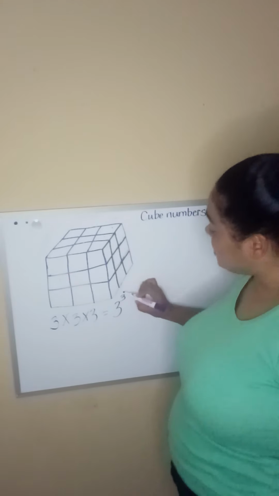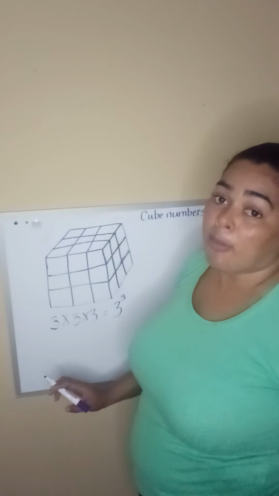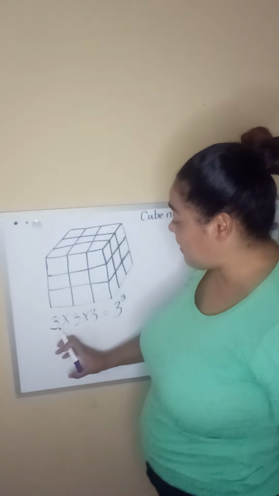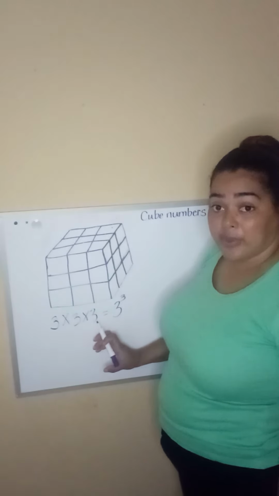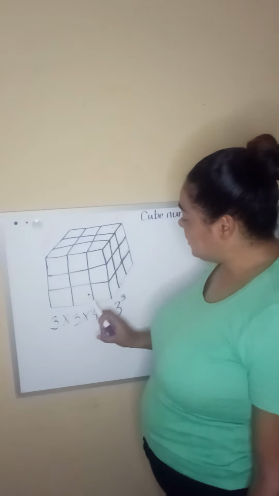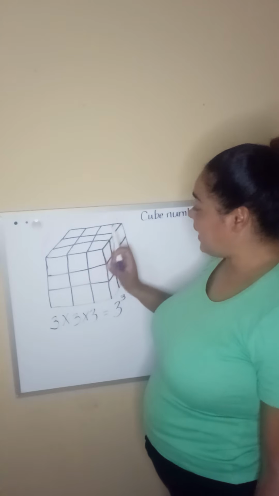Remember last week we dealt with squares? Now we're dealing with cubes. So whenever you see this little 3 at the top, it simply means that you're going to multiply, and there will be 3 of whatever number you have there. For example, how many 3s? 1, 2, 3. So we have the length, the width, and the height.